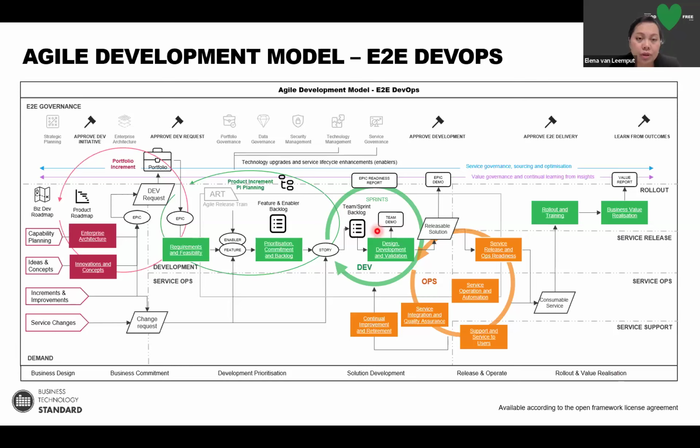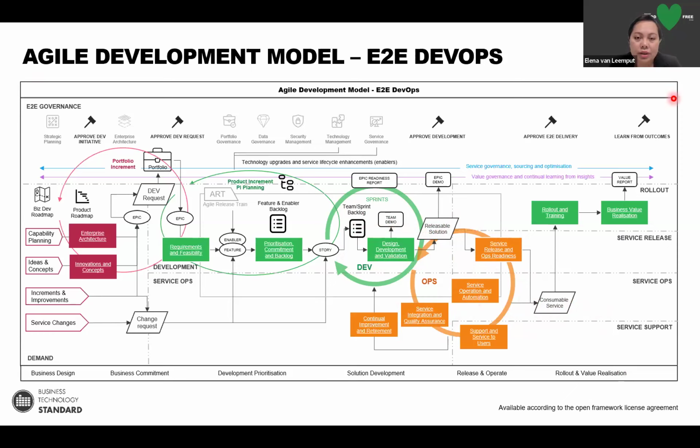So here we're talking about when an Agile team develops, they actually release as well quite often. And if they have something called a releasable solution, it's not yet something that can be consumed by end users, because before they're having adequate support and integration and so on, after that it becomes a consumable service.